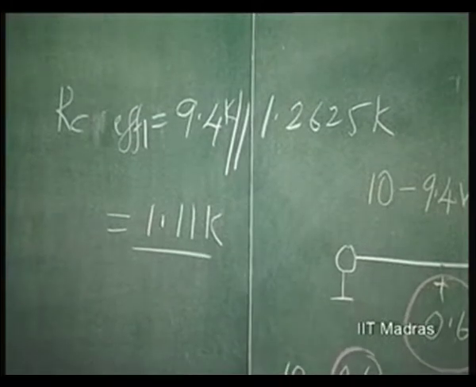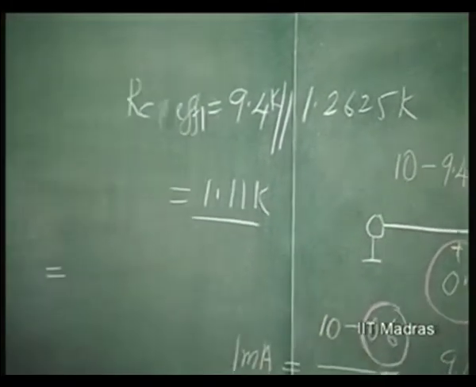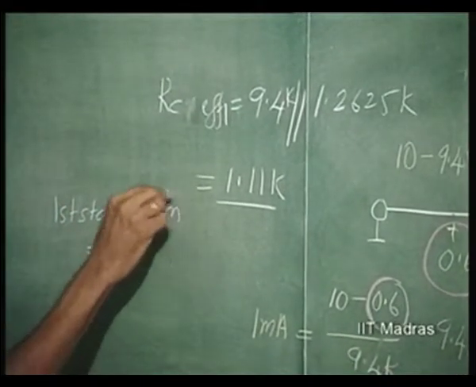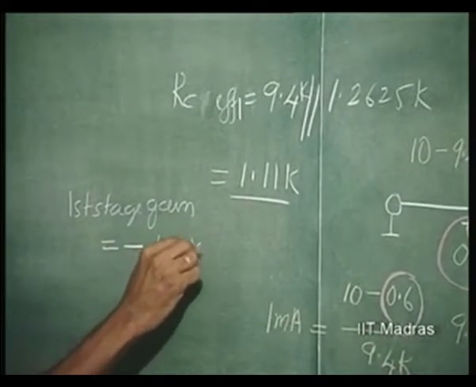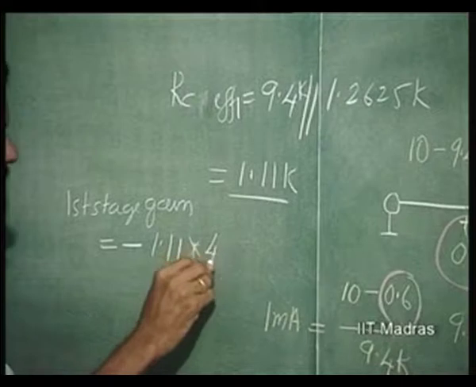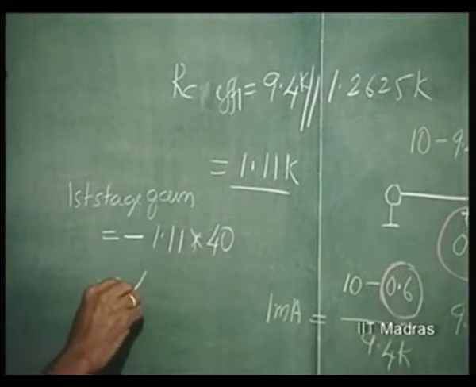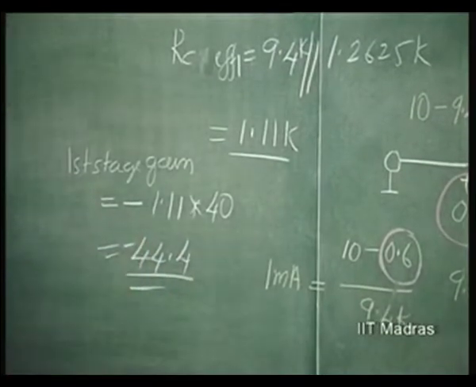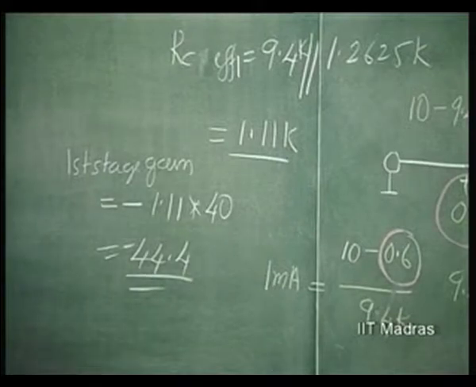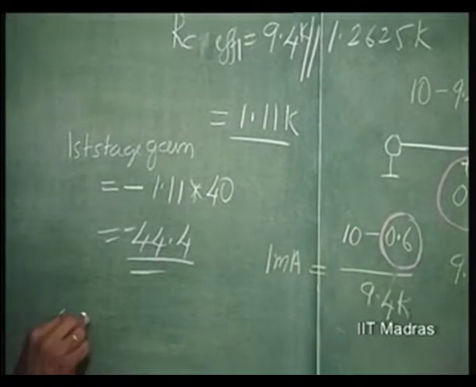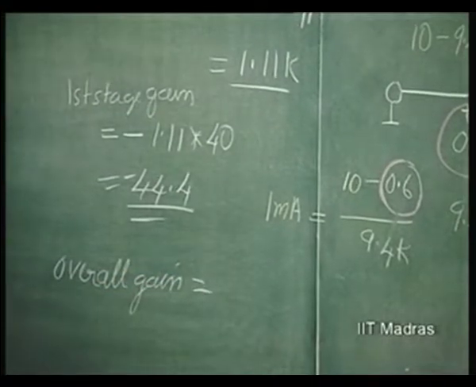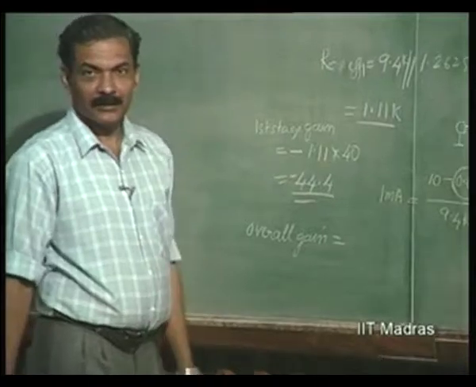So, what will be the gain now for the first stage? The first stage gain is minus 1.11 into 40, that is minus 44.4. The overall gain is minus into minus, which gives you plus.